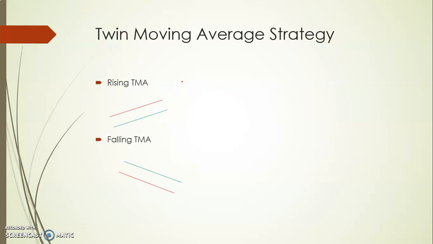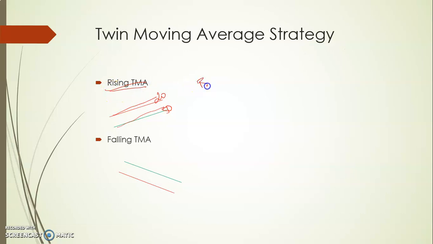And the strategy is so simple. When the 20 moving average is above the 50 moving average, and these two moving averages move together like this, like they are moving upside, this is called a rising twin moving average.